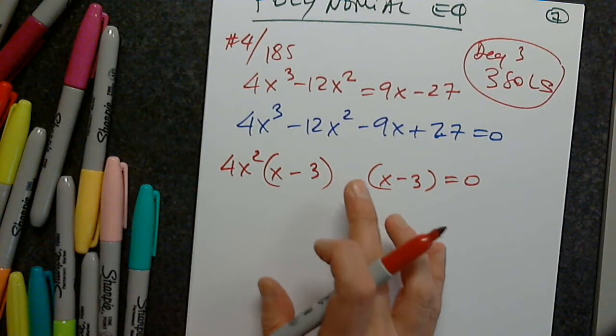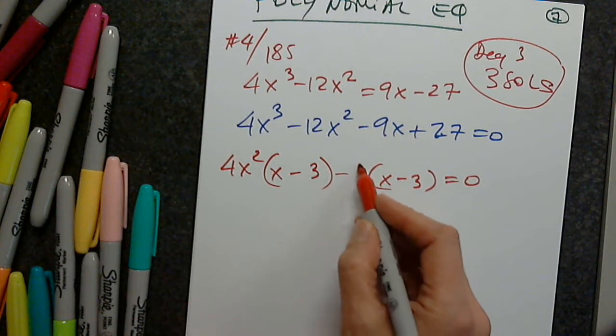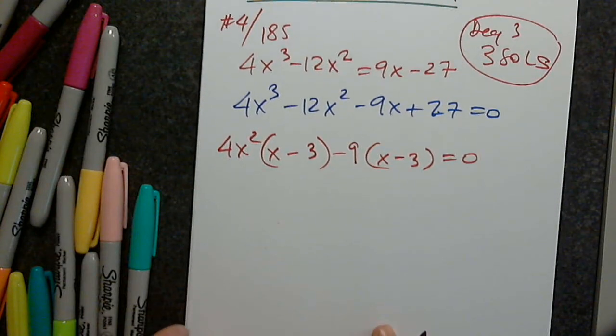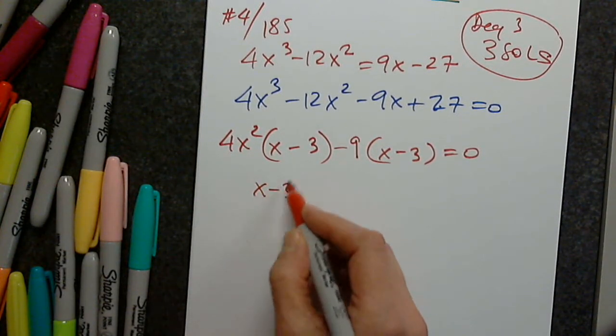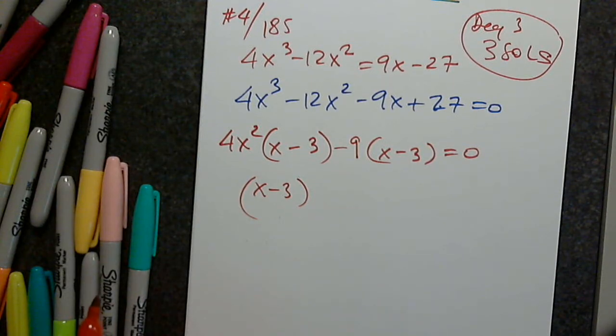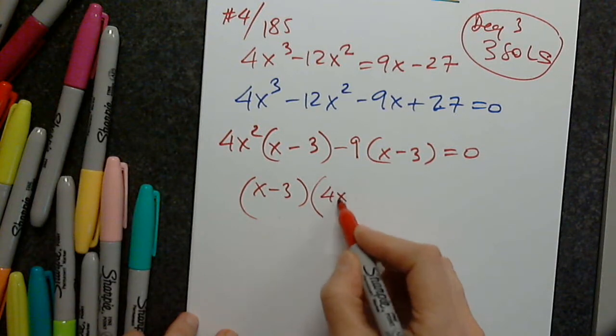I cannot write 3, because if I write 3 times... minus 3. Minus 9. Very good, indeed, minus 9. What is the common factor that goes out now? The common factor is x minus 3. However, the order is not important, but this is the way we should be thinking. And now in parentheses we have 4x squared minus 9.